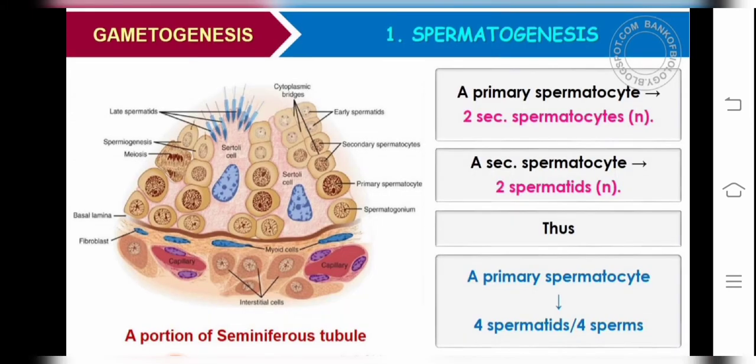Yes. So one primary spermatocyte produces how many spermatids? 4.